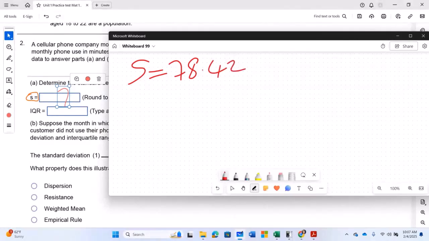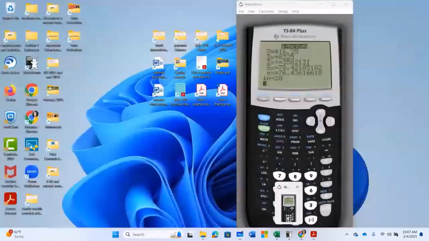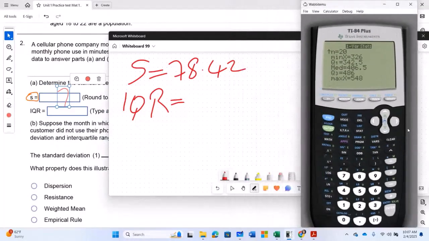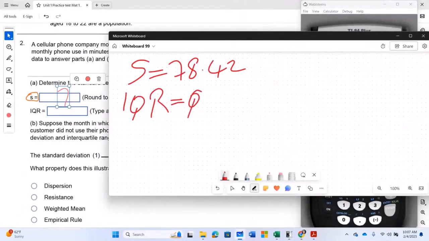We're also to find the interquartile range. So if I did one variable stat, I know the interquartile range. So I'm going to go back and find the interquartile range. If I arrow down, I see all the quartiles. The interquartile range is Q3 minus Q1.